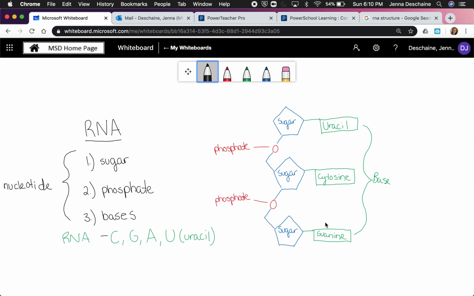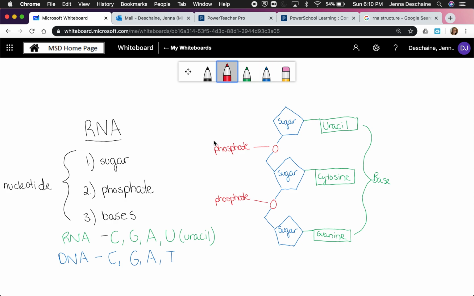We have some sugars, we have phosphates, and we also have our nitrogen bases. One of the few differences between RNA and DNA is the types of bases that they have. I'm going to write down DNA's bases right down here. DNA has cytosine, guanine, adenine, and thymine.